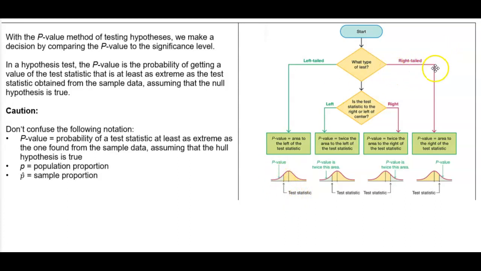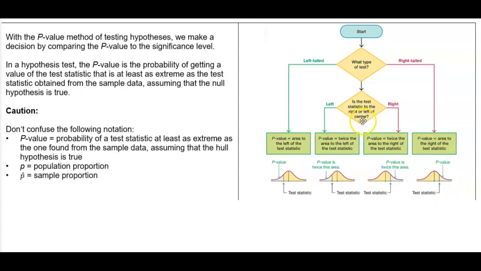Okay, now if we want to use the right tail test, the p-value is equal to the area to the right of the test statistic. So the p-value represents the area that's to the right of that test statistic. Now, is the test statistic to the right or left or center?